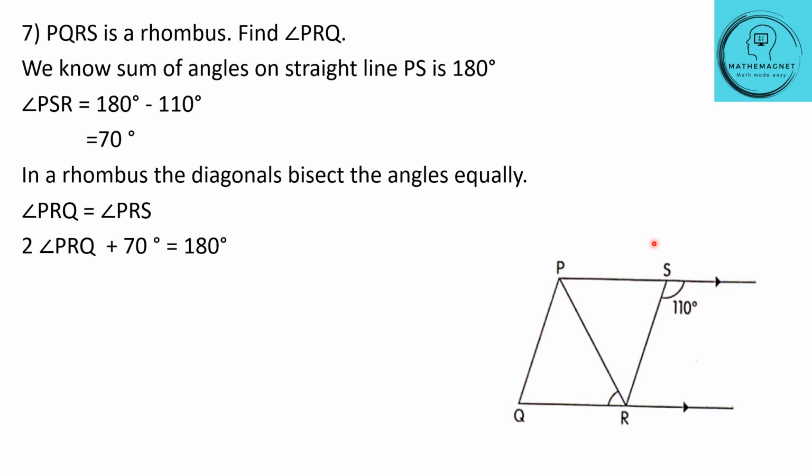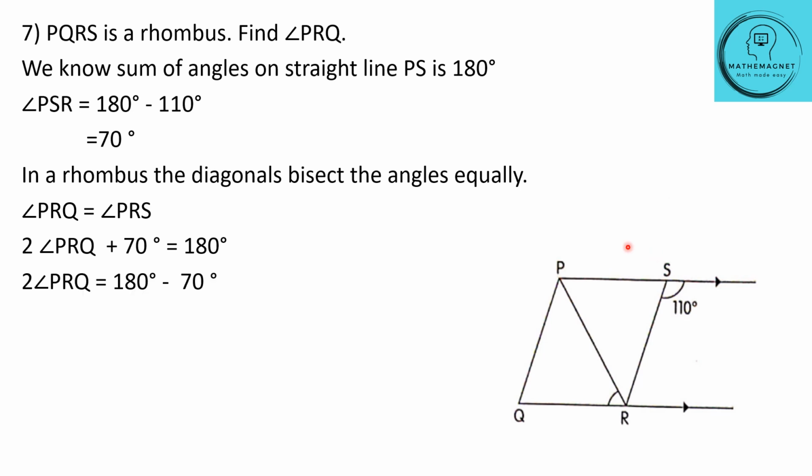So we can say in a rhombus the sum of angles between the two parallel lines is equal to 180 degrees. So 2 times PRQ, which will be equal to QRS, plus 70 degrees, which is your PSR, will be equal to 180 degrees.